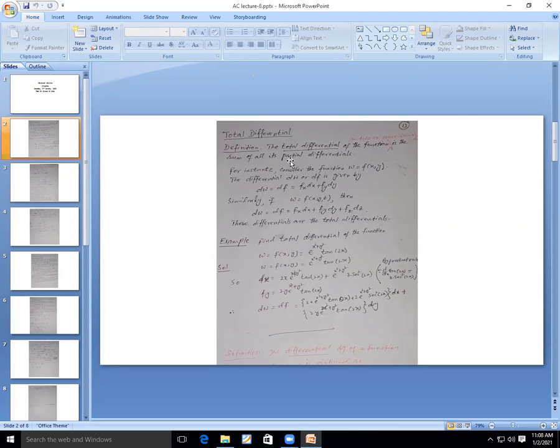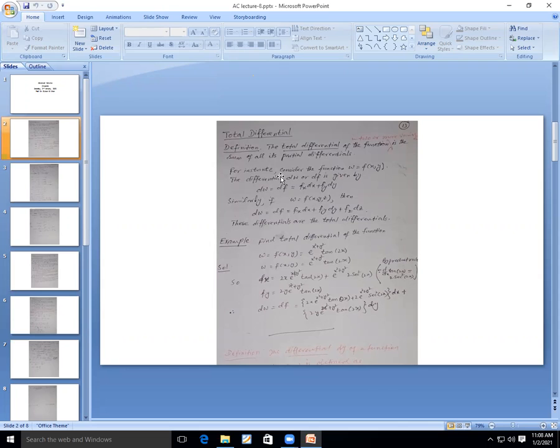However many partial differentials there are, if it is two variables, you have two differentials. If your function is in three variables, you will have three differentials. Add them up, then this sum is called total differential.